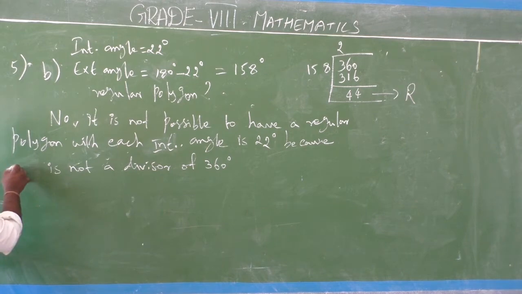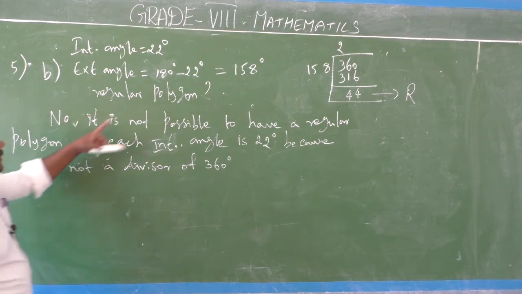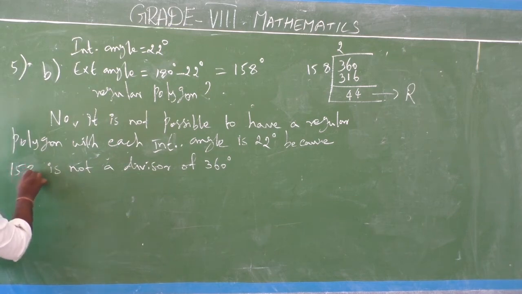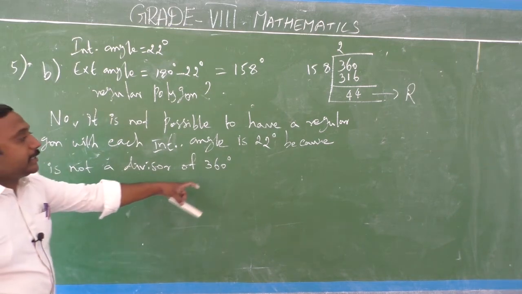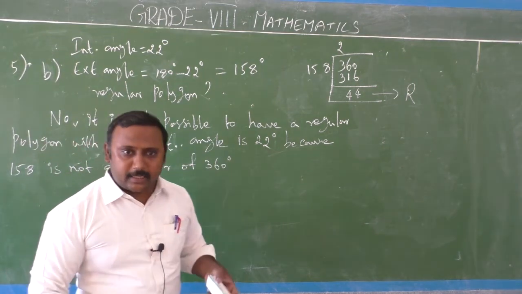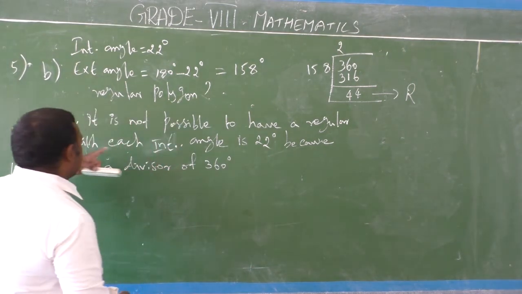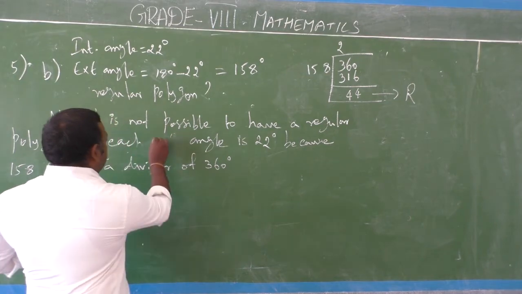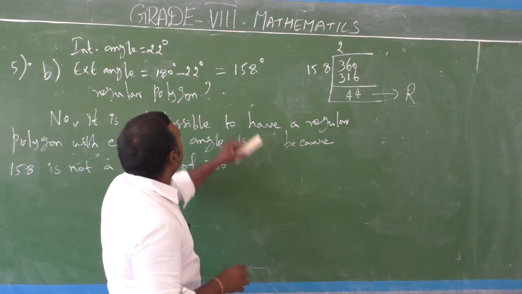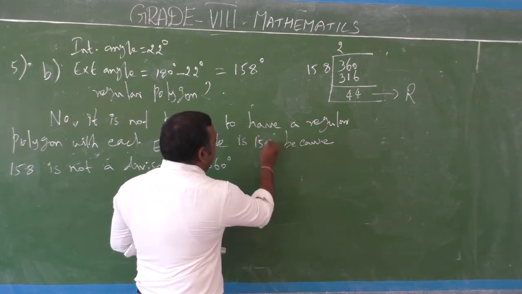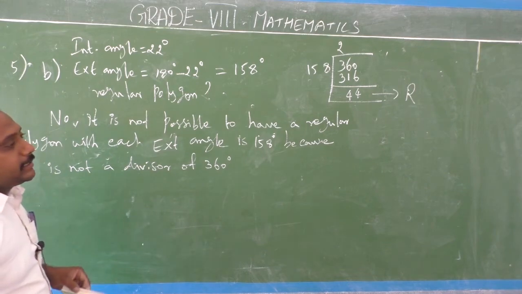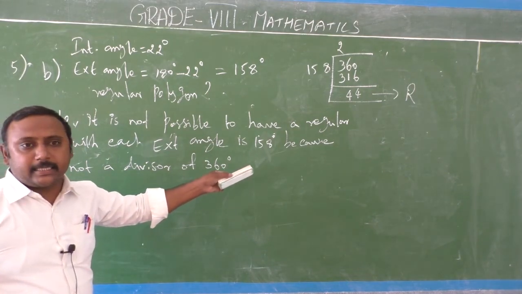Here the exterior angle is 158 degrees, and 158 degrees is not a divisor of 360. Can you understand? Otherwise, you can write: each exterior angle is 158 degrees, because 158 is not a divisor of 360 degrees.